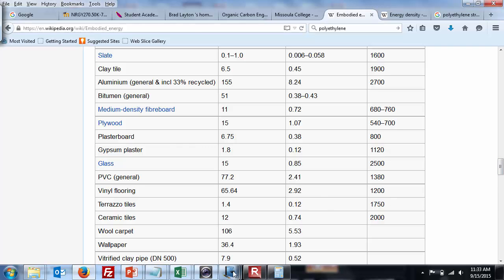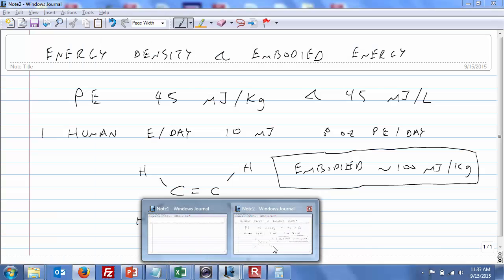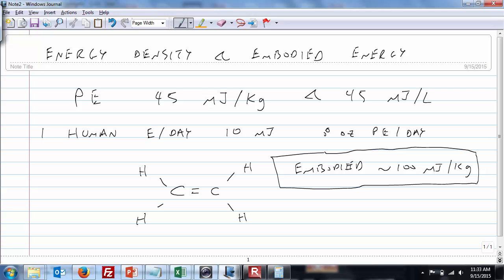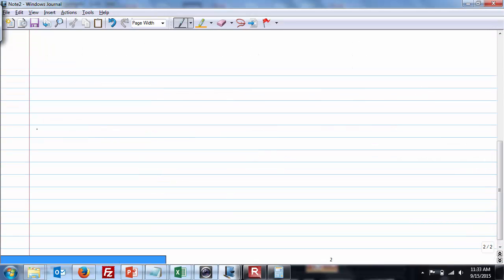All right. Well, let's do a little math here now, and we're going to take polyethylene, and it can either be LDPE or HDPE. LDPE versus HDPE. I'll just draw it schematically like this.